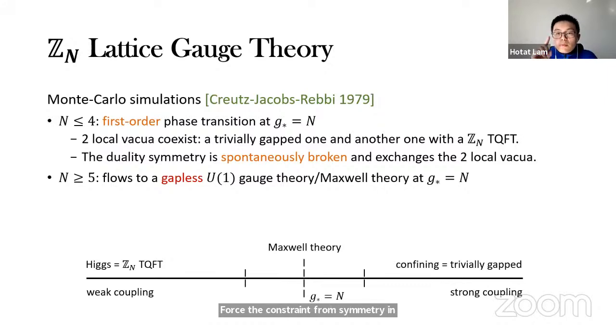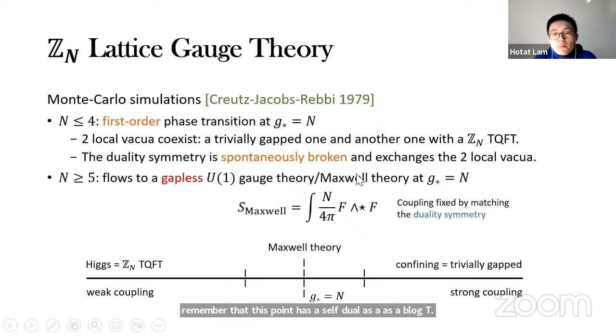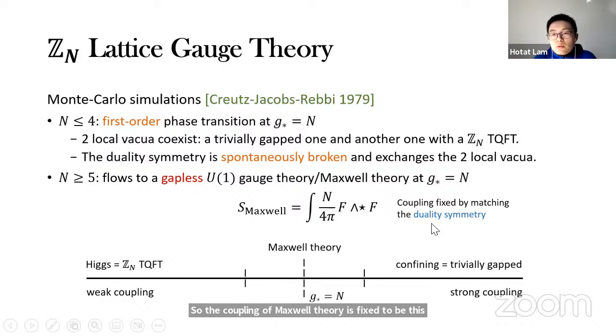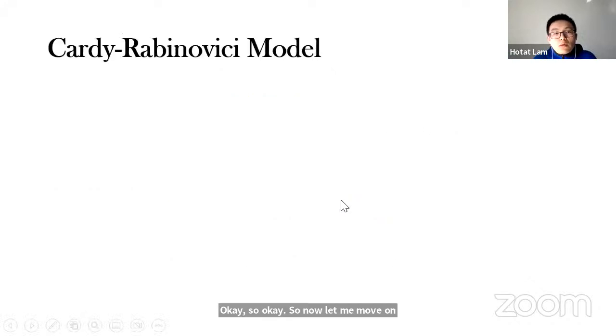And there's something more we can say. This point has a duality symmetry, and the duality symmetry is preserved under RG flow, so we can use it to fix the coupling of the Maxwell theory to this particular coupling, so that the theory also reproduces the duality symmetry. Okay, so now let me move on to the other model, which is slightly more interesting.